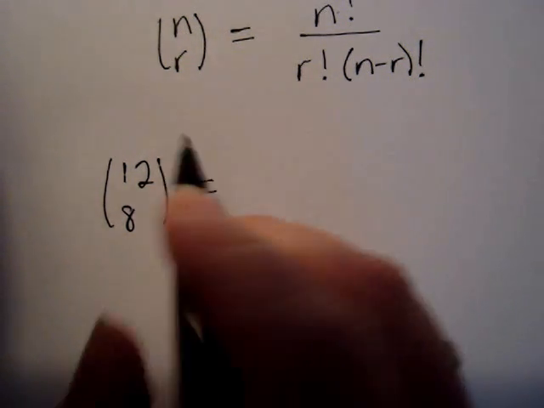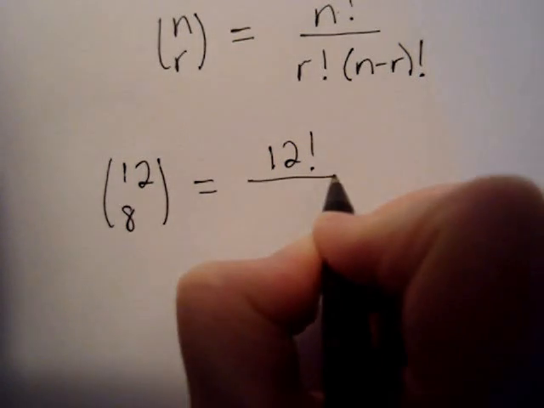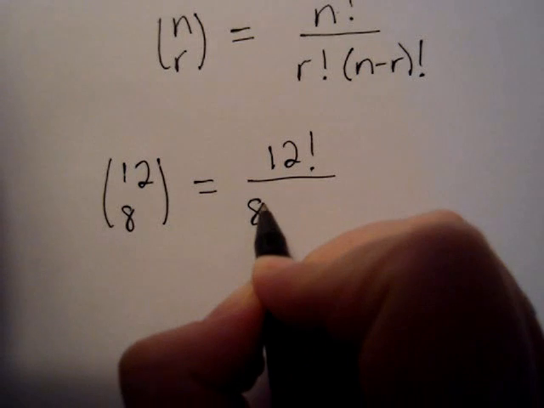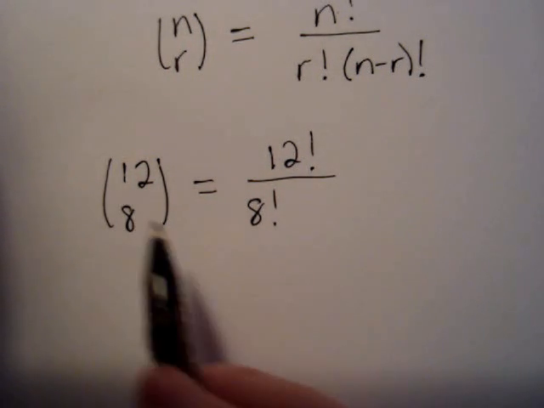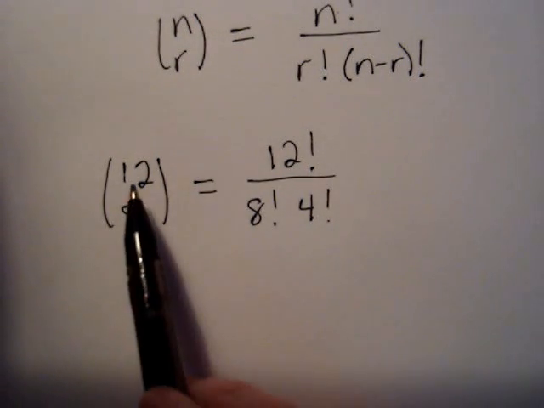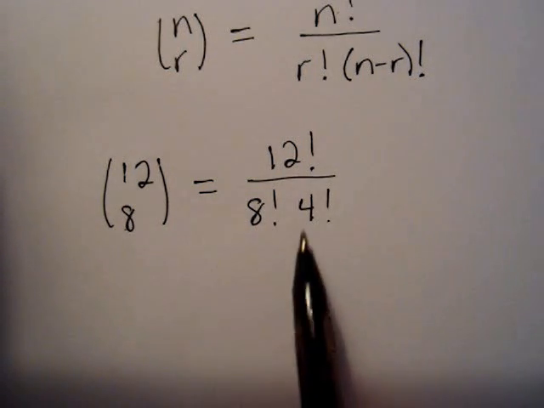The top number is 12, so that's 12 factorial on top. The bottom number is 8, so 8 factorial goes in the bottom. And then the difference between 12 and 8. So 12 minus 8 is 4. 4 factorial. Okay? So the top number is on top, the bottom number is on bottom, and the difference between the two is also on the bottom.